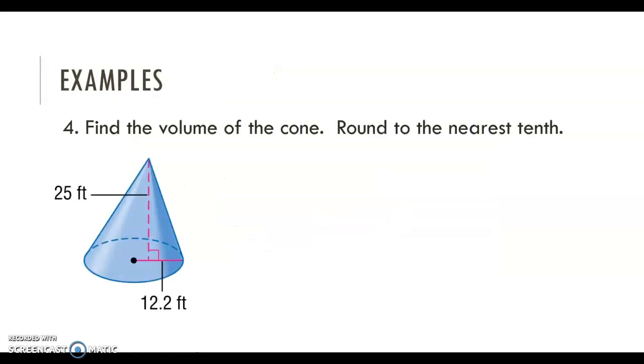So first example here, this is an oblique cone. It's slightly tilted, which is okay. We still have a given radius of 12.2, and this length here is still going to symbolize the height of my cone. So the volume formula is 1/3 pi r squared h.